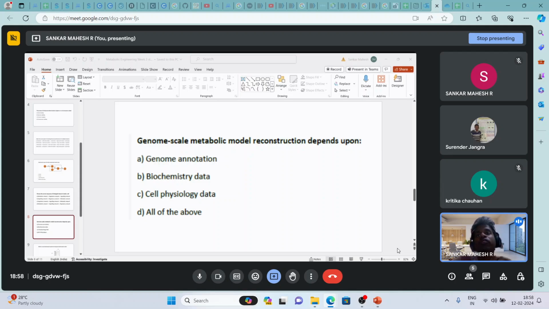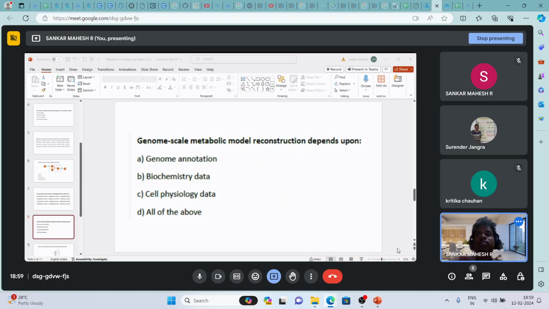When you do this genome annotation, like we had discussed, it gives an idea about what genes are present, and the biochemistry data, based on functional annotation, tries to give you what all possible pathways can exist within the cell. The third is case specific.